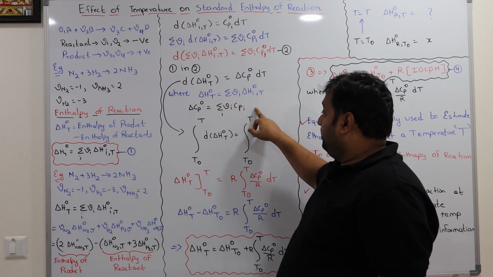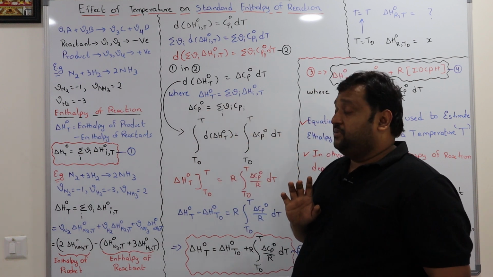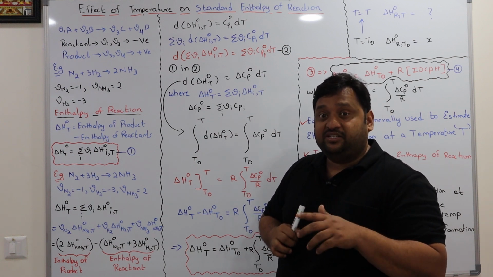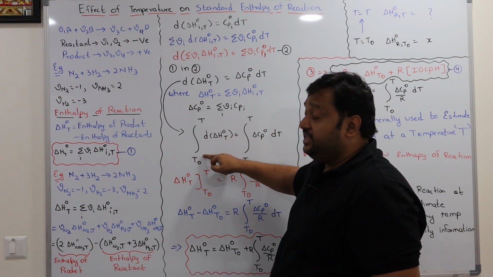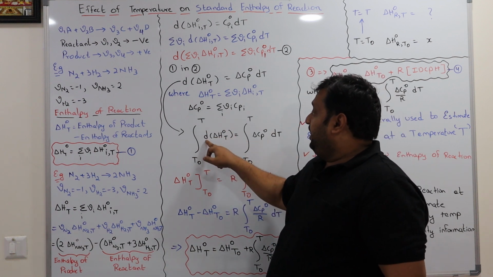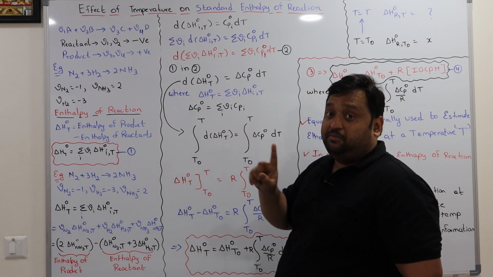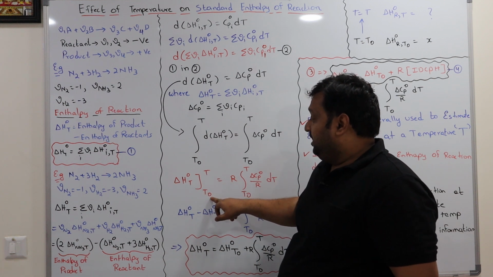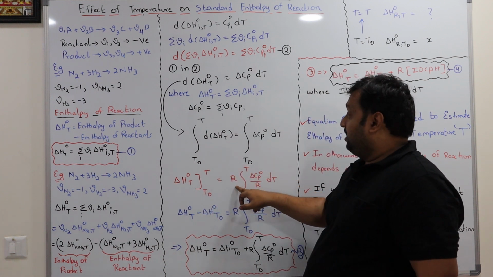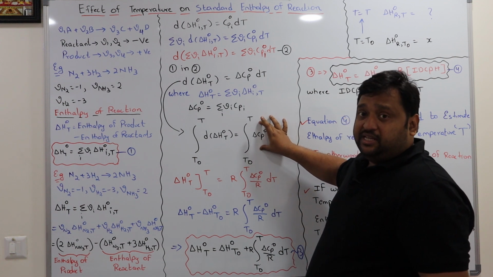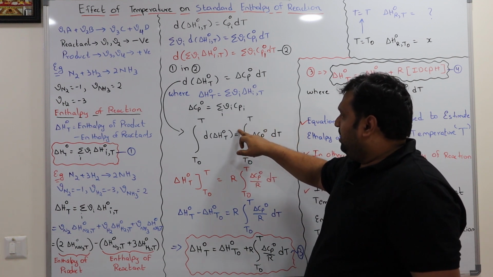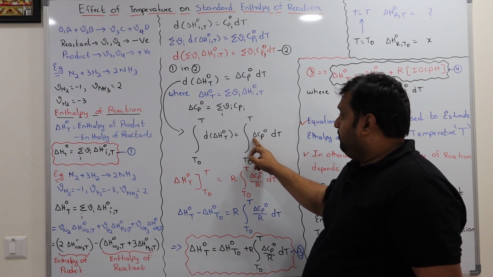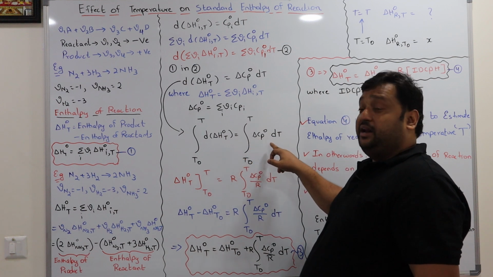We integrate the expression from T0 to T, because our objective is to find out how the enthalpy of the reaction depends on the temperature. The integral of dx is nothing but x. So delta H at temperature T comes from integration from T0 to T. Similarly, if you remember the earlier expression, I have simply multiplied and divided by R on the right hand side, keeping one R outside and taking one R inside.